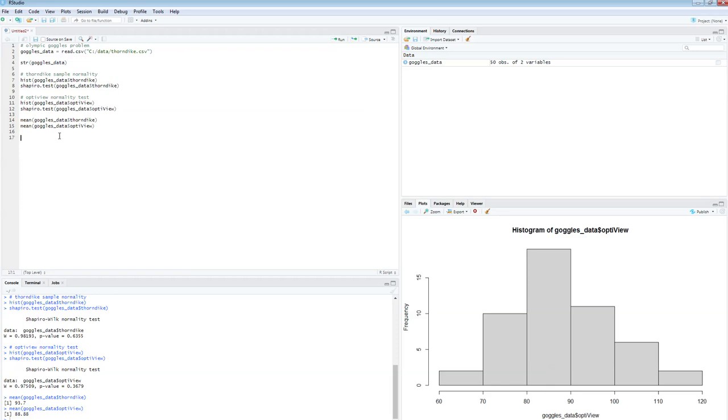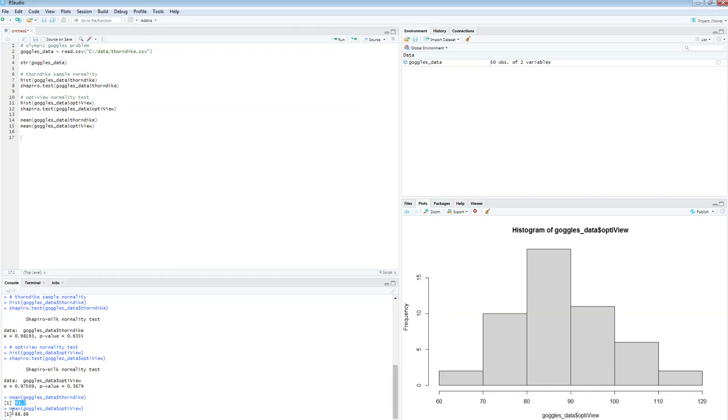There may be no difference between these two, and the fact that the Thorndike sample had a higher average could be purely because of randomness. We just happened to get 50 better goggles from Thorndike than 50 goggles from the OptiView, purely randomly. Could that be accidental? Yes, it could.